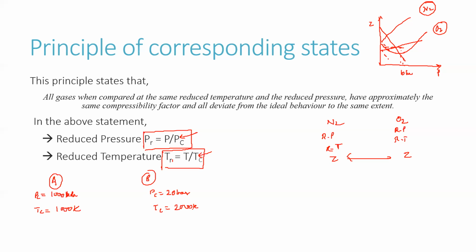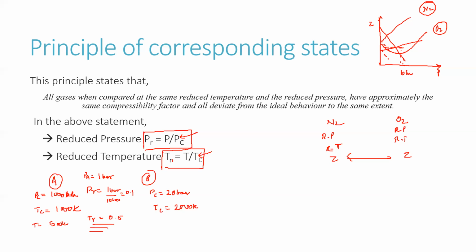Now, if this gas A is currently at 1 bar, the reduced pressure is going to be 1 bar upon 1000 kilopascal, which can be written as 10 bar, so that is going to be 0.1. And the reduced temperature, let's say this gas is maintained at 500 Kelvin, is going to be 500 by 1000, which is 0.5.